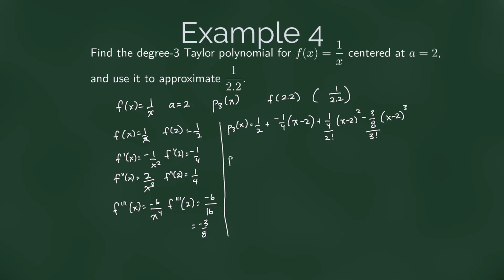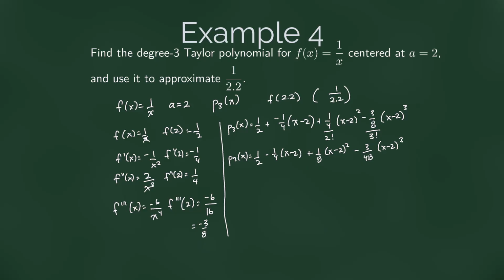And we can tidy that up a little bit. So we'll get 1/2 minus 1/4 times x minus 2 plus 1/8 times x minus 2 squared minus 3 over 48, since 3 factorial is 6, times x minus 2 cubed.